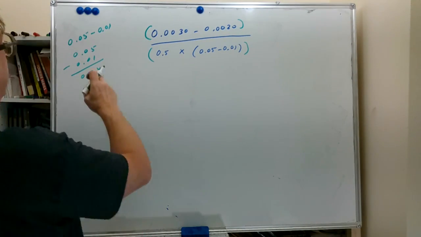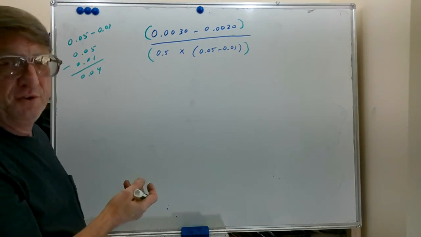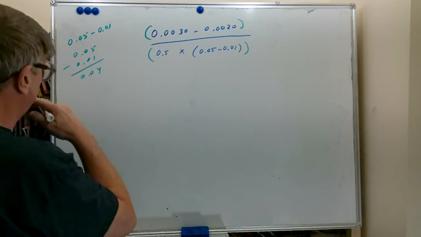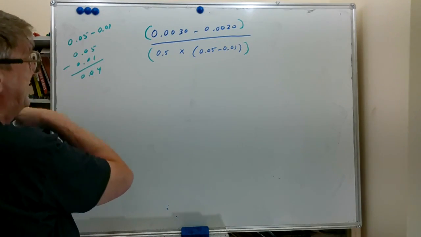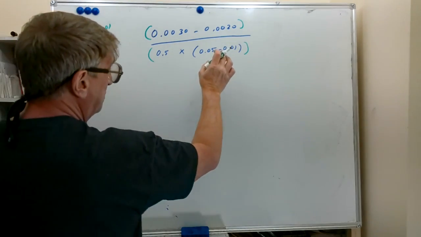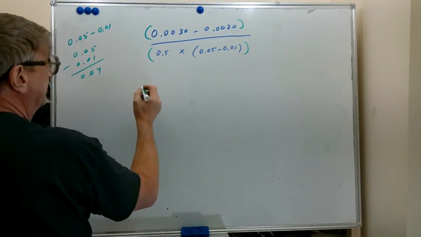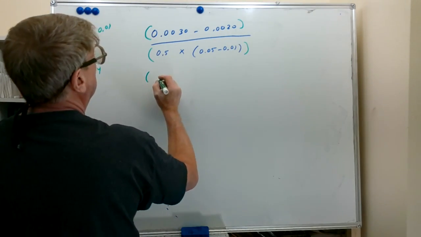Now we probably could have recognized that as 5 100ths and 1 100th and realized that 5 100ths minus 1 100th is 4 100ths. But it's always good to practice the more formal way of doing things initially. So we're going to rewrite the problem. Now we're going to replace this with what we got here. I'm going to leave these extra parentheses on here.